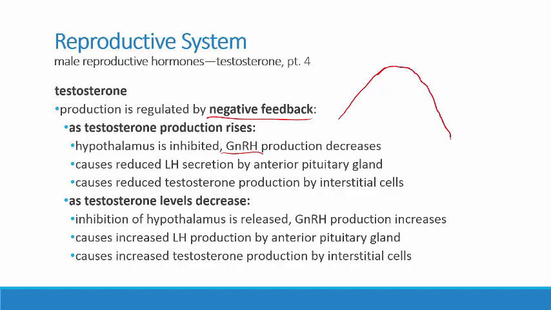It'll fall again. As it decreases, then we see the release of that inhibition up at the hypothalamus. More GnRH is produced. That causes increased LH production, which then sees an increase in testosterone production once again.